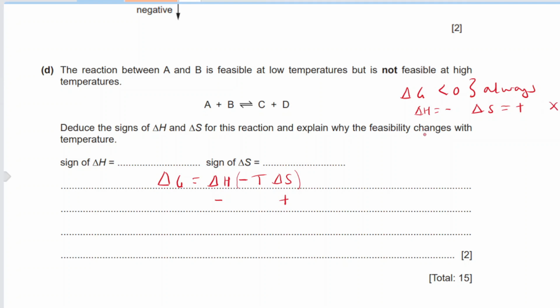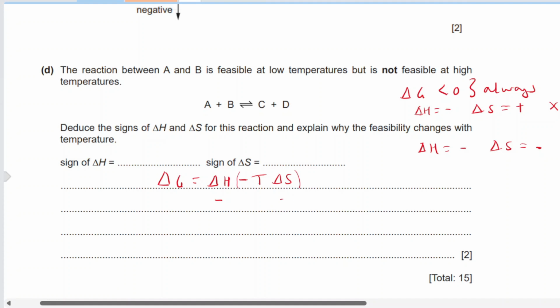Let's try another combination. This time let's take delta H as negative and let's take delta S as negative as well. So when we do that, what happens over here? Now if delta S is negative, then you are multiplying a negative value with a negative value. You get a positive value. Now you have two values: a negative value and a positive value. This is actually our answer, because whether or not the reaction is feasible will depend on which value is bigger.